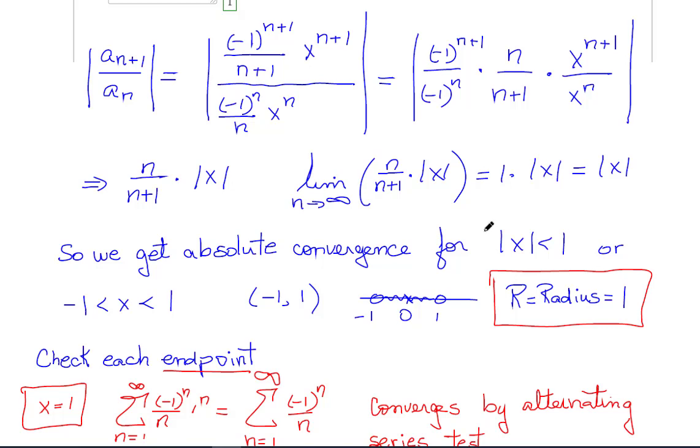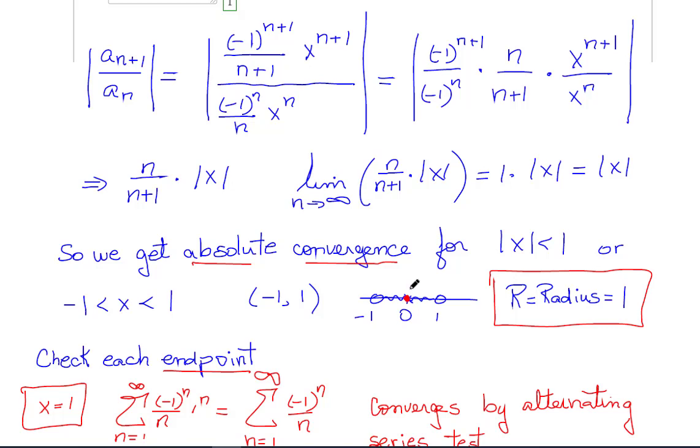So, as long as the absolute value of x is less than 1, or without absolute values, x is between minus 1 and 1, we will get absolute convergence. So you see, here's 0 that I already knew worked, and now I can go as far as minus 1 and 1.